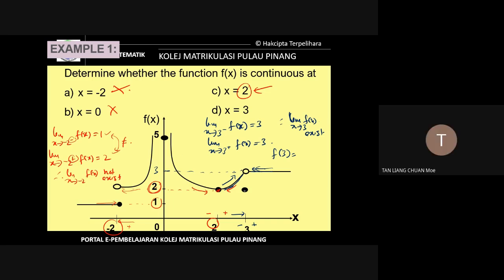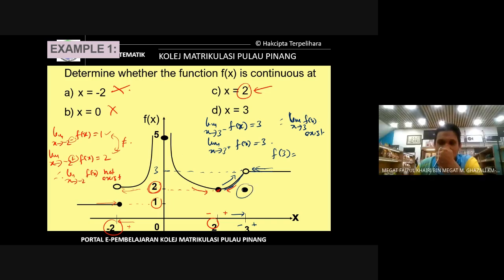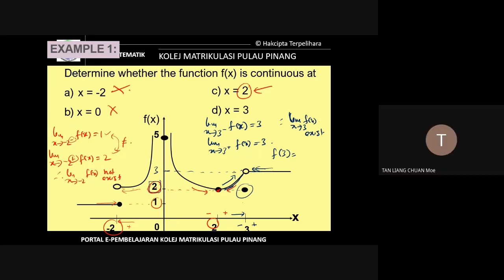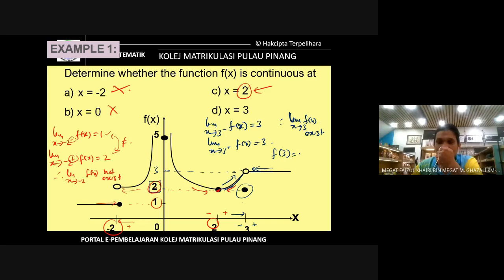When x is exactly equal to this one here, x exactly equal to 3, y equals 2. So, as x approaches 3 from the left, dia menghampiri y equal to 3. When x approaches 3 from the right, y also approaches 3. But when x is exactly equal to 3, y equals 2.